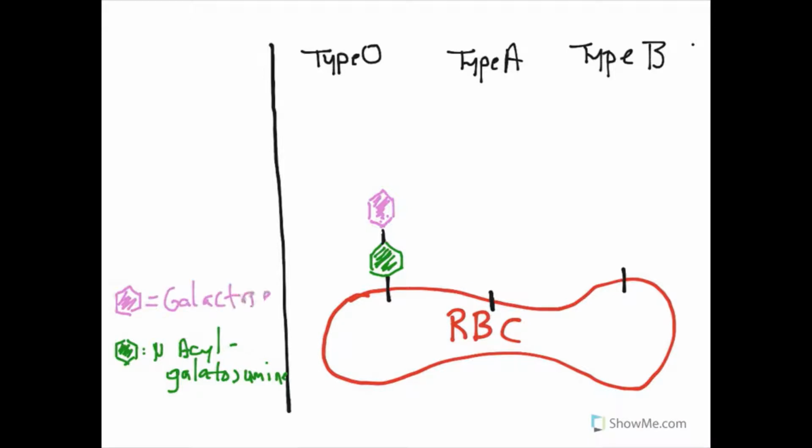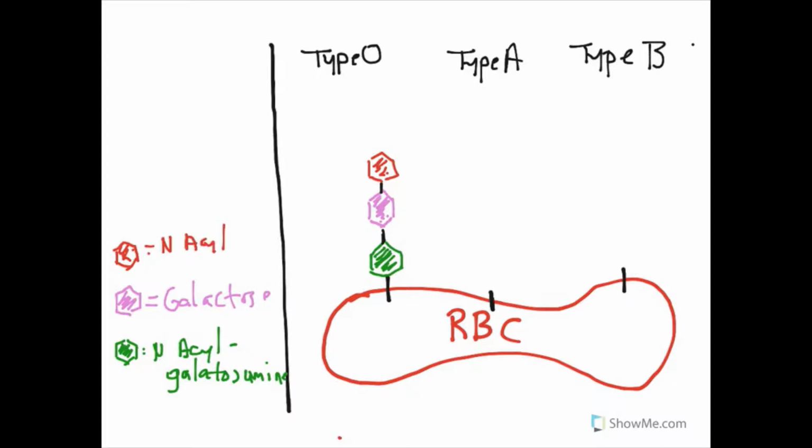Now remember, the O type is going to serve as the foundation for all others. Then we want to take this and bind it to another one. I'm going to use red for this one. And this is another antigen here, another carbohydrate.